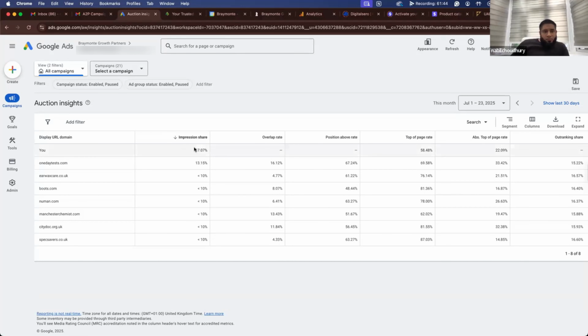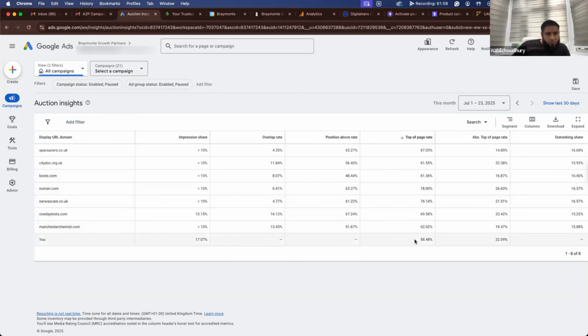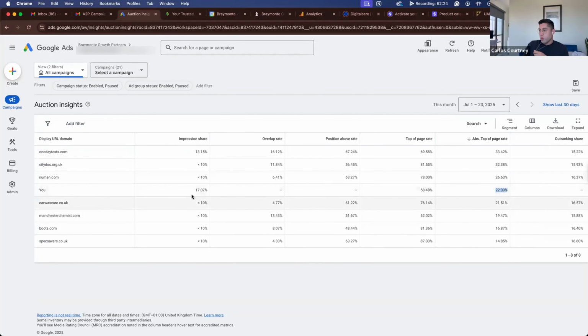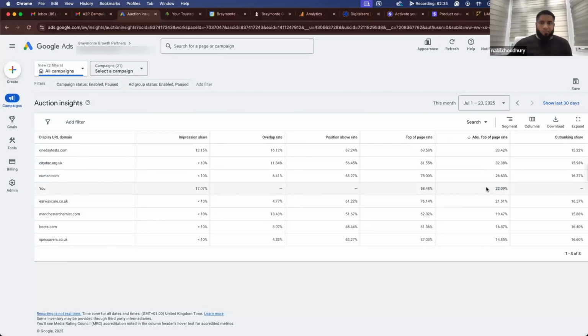Yeah, this is fine. Everything else is position above rank at the bottom, top of page, bottom. Absolute top of page is at 22%. They're right in the middle. So essentially they're just burning budget. The budget's probably just running out. That's probably what it is, right? They're probably spending more than they should be per click, right? Because their absolute top of page rank is 22%.